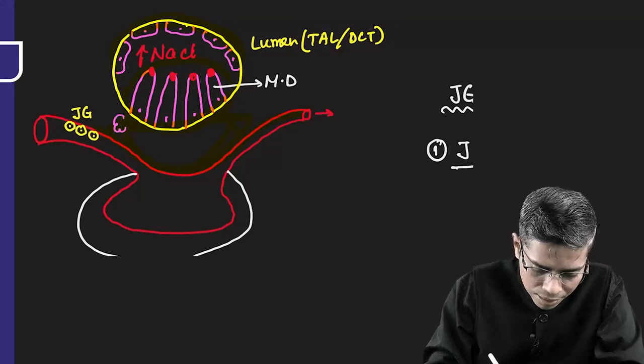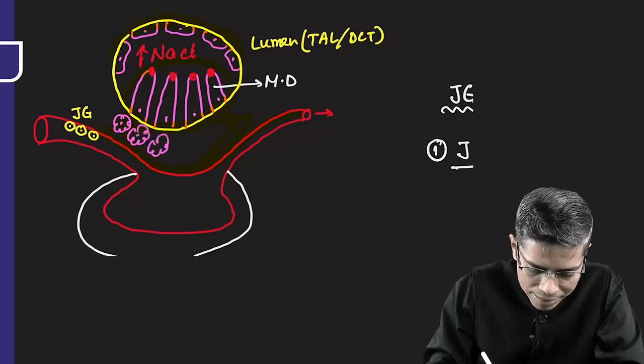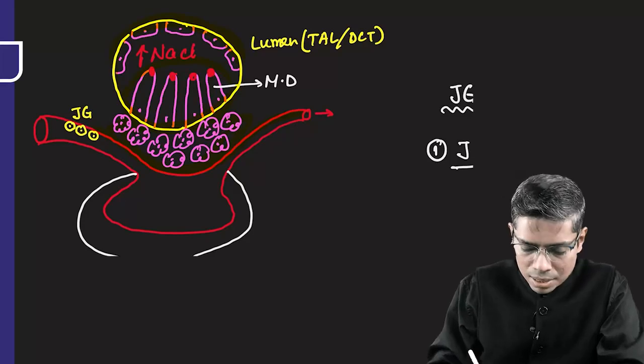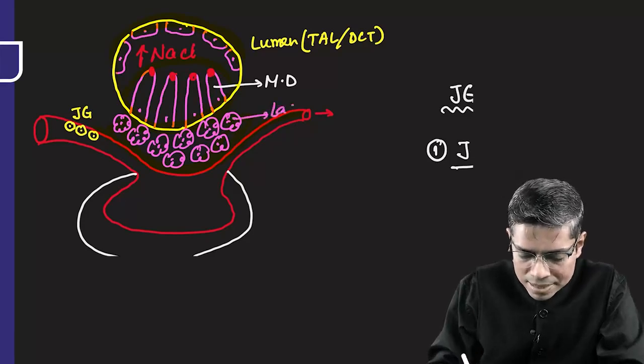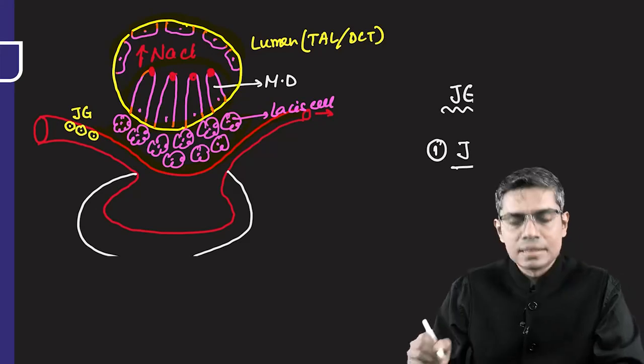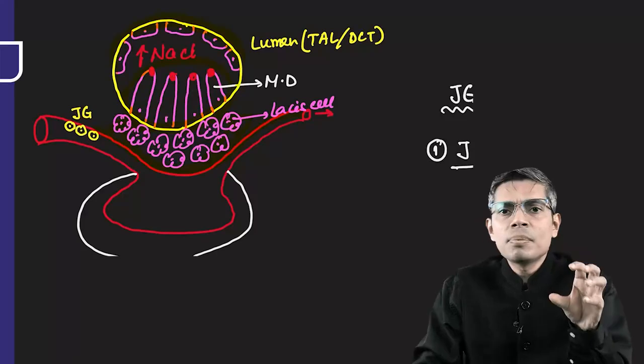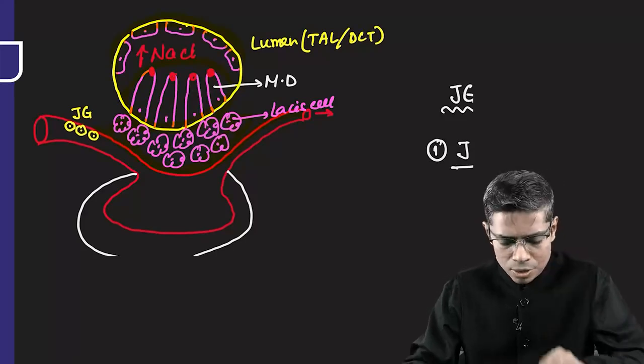These cells are the mesangial cells which are located in the triangular space between the DCT lumen and the afferent and efferent arteriole. These cells are known as the Lacis cells. So Lacis cells are a kind of mesangial cell.